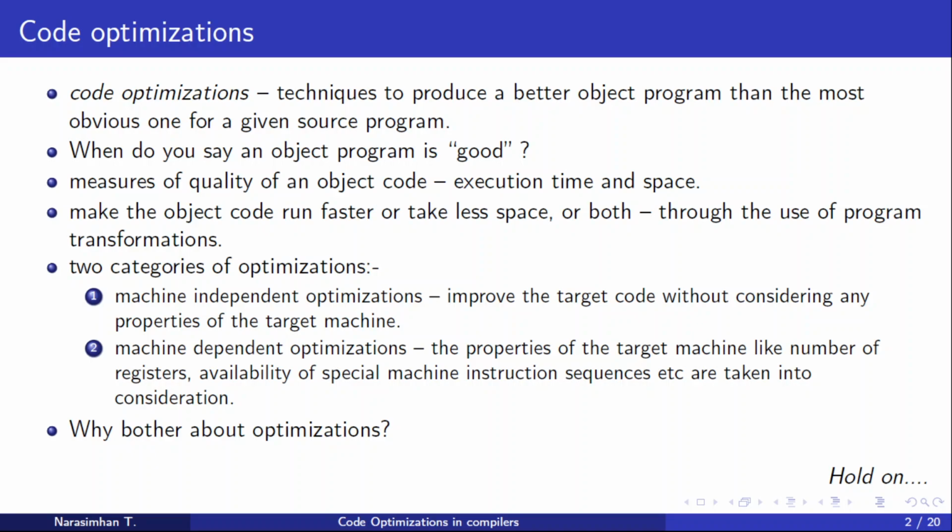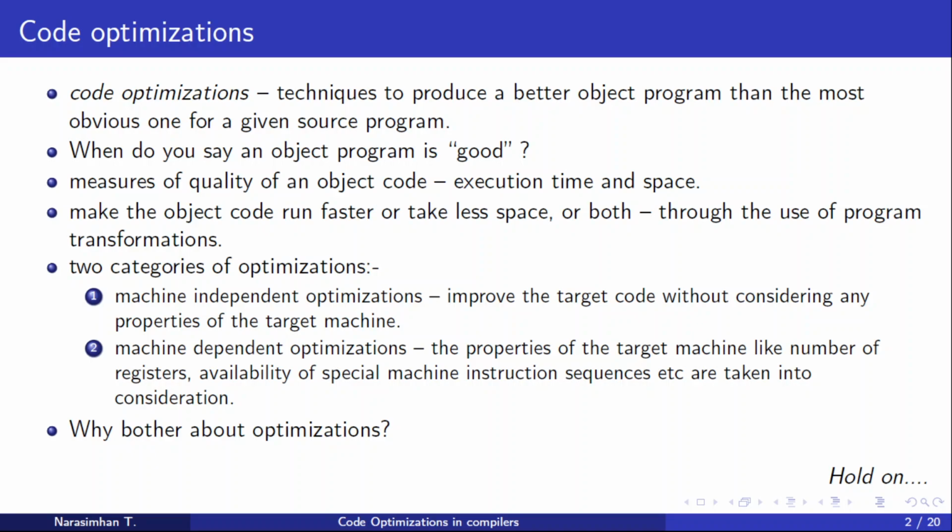Now you could ask, okay, what is the purpose of doing this optimization, or why should you bother about optimization? Let us see why. So you know that this optimization phase sits between the intermediate code generation phase and the target code generation phase. It happens that the intermediate code generation phase could introduce some inefficiencies in the code.